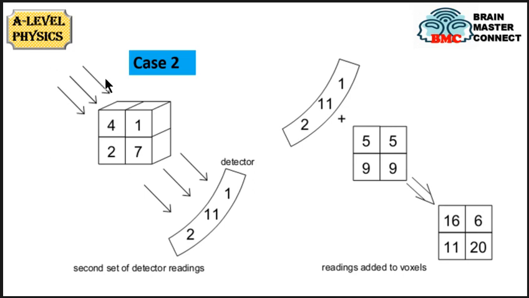Now in this case, this will be feeding this, this feeds this, while this feeds this. So the result from here is 1. Then the result from here is 7 plus 4, or 4 plus 7. That gives us 11. While this one gives us 2.